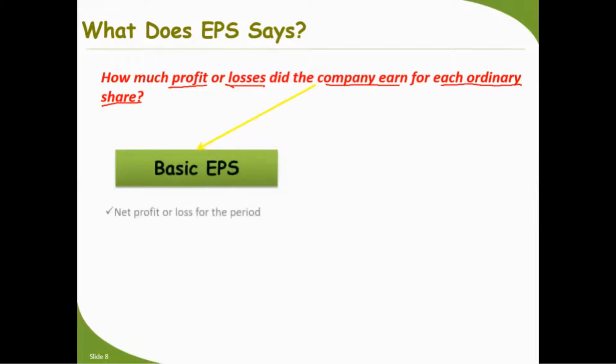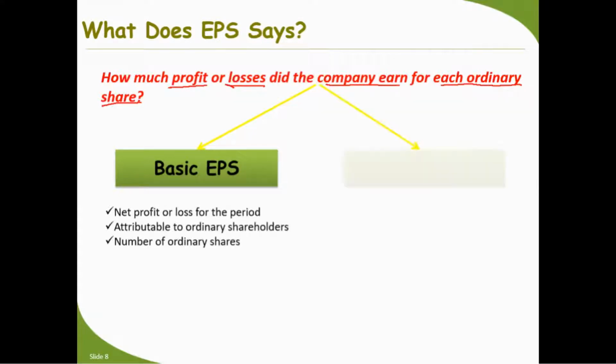One is basic EPS. What is the fundamental coverage in basic EPS? You will cover net profit or loss for the period attributable to whom? Ordinary shareholders, and number of ordinary shares. So these are the source data to calculate your EPS: net profit and loss for a period attributable to ordinary shareholders, and number of ordinary shares.